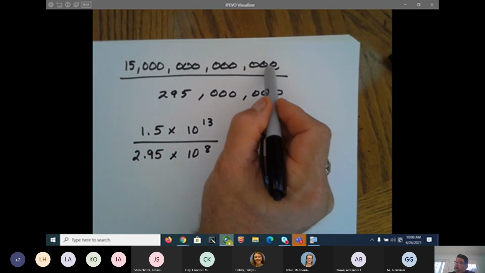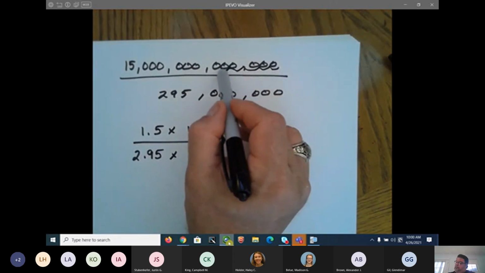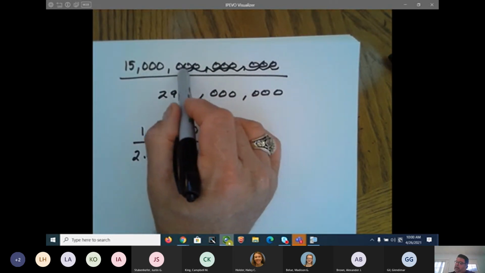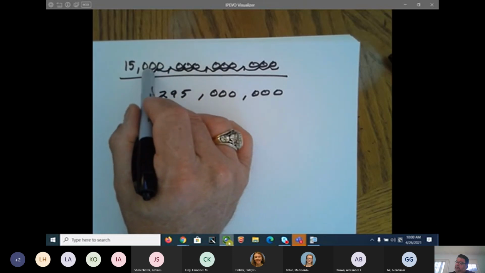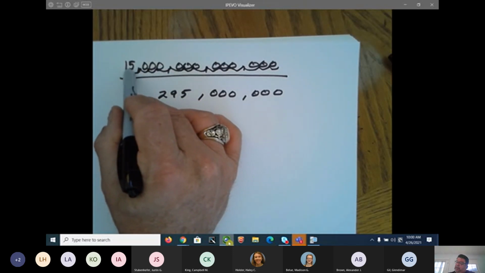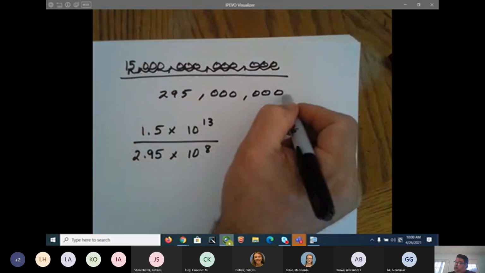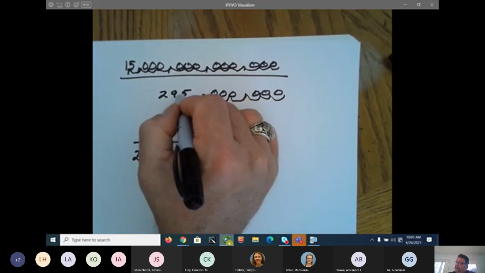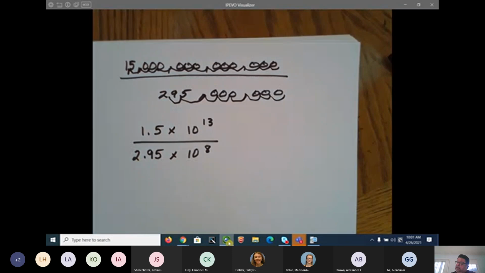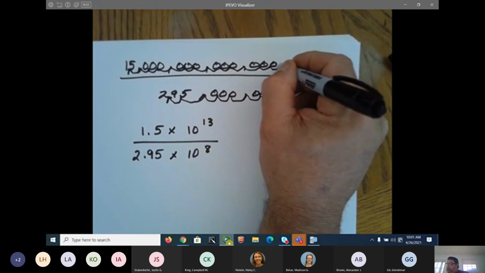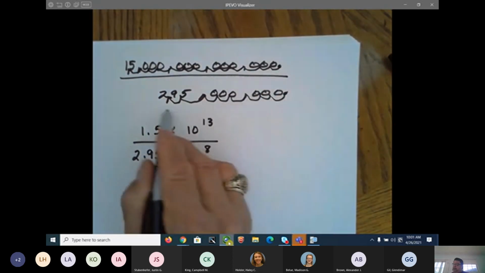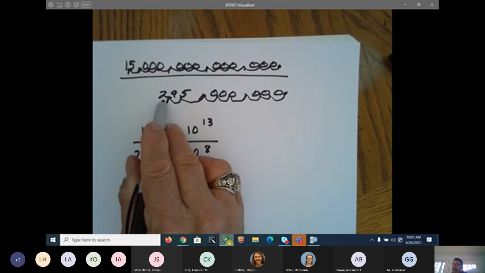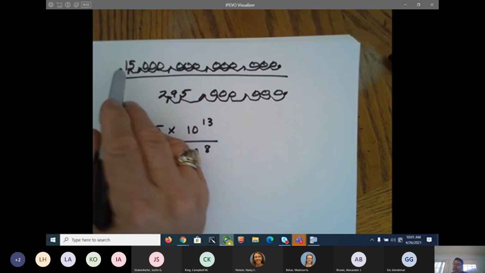You can count 1, 2, 3, 4, 5, 6, 7, 8, 9, 10, 11, 12, 13. 1, 2, 3, 4, 5, 6, 7, 8. And the decimal on the whole number is always right here. I moved it. First number greater than 0 is 2. First number greater than 0 is 1.